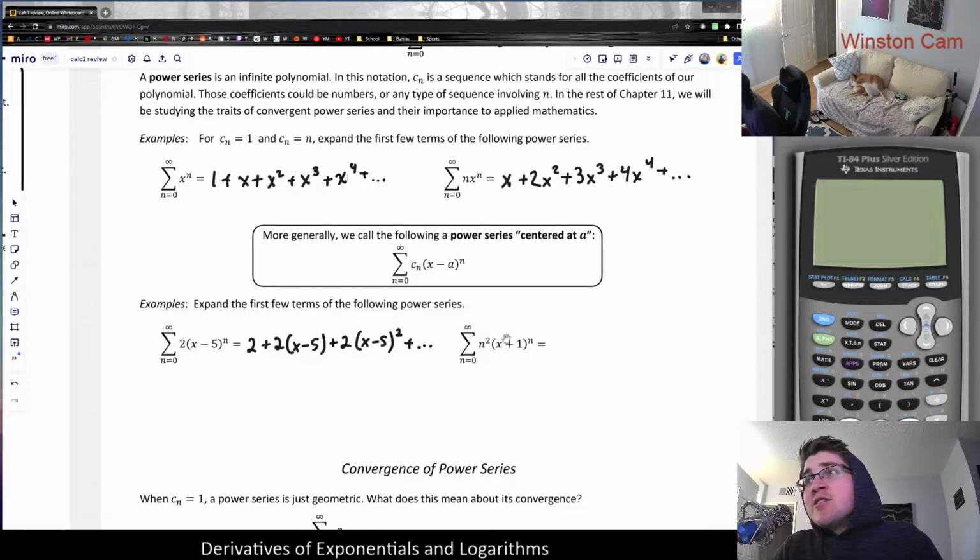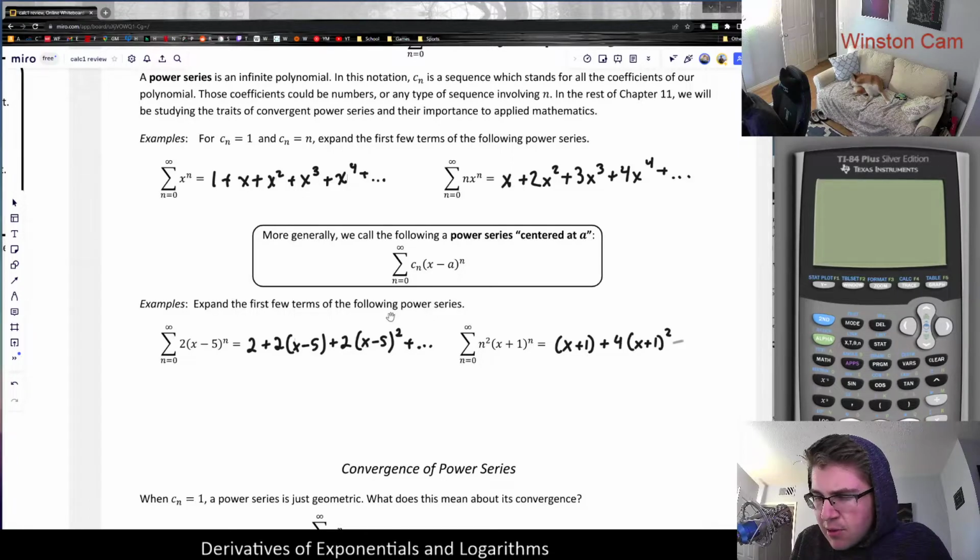Or looking at another example, here we have a power series centered at -1 whose coefficient is given by n squared. Again, the 0th term would be 0, because plugging 0 in for n will give us 0. But then the first term will be 1 squared times x plus 1, which is just 1 times x plus 1 to the first power. The second term would be 2 squared, which is 4, times x plus 1 squared.